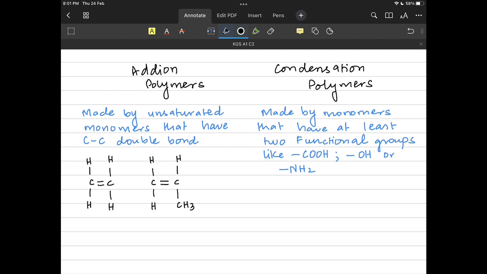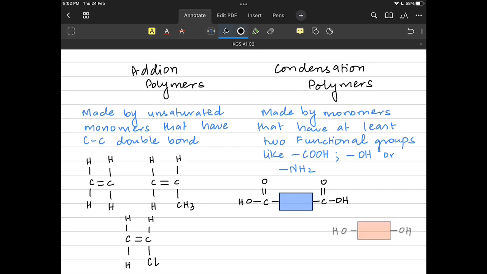A propene molecule could make polypropene, and another two carbon chloroethene could make chloroethene polymer. In condensation polymers, you need two functional groups on each side of the monomer, amine, carboxylic, or any mix and match of these functional groups.